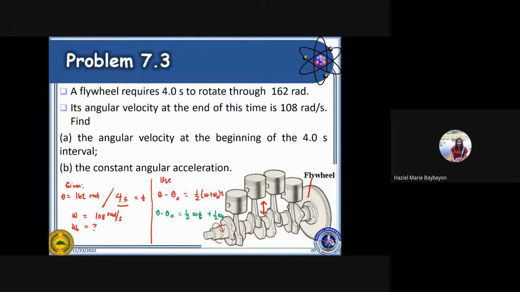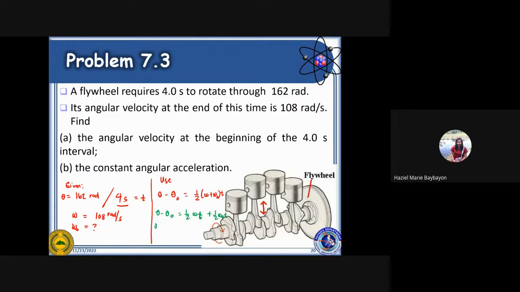So, gi-distribute lang nako si 1/2 ha. Gi-multiply nako siya kay omega, and gi-multiply siya kay omega naught. So, you have 1/2 omega t plus 1/2 omega naught t. So, kailangan nato i-isolate si omega naught. Alright?